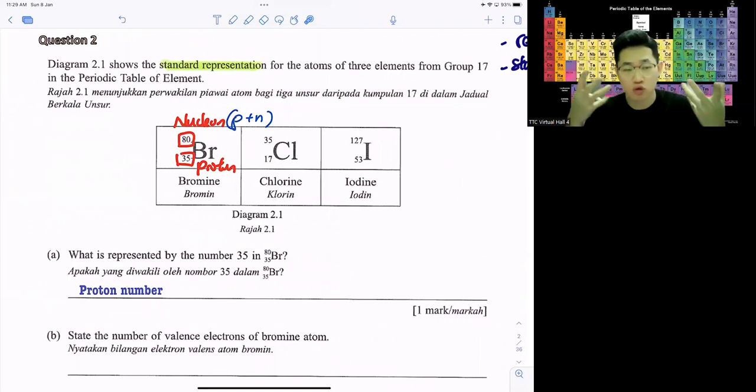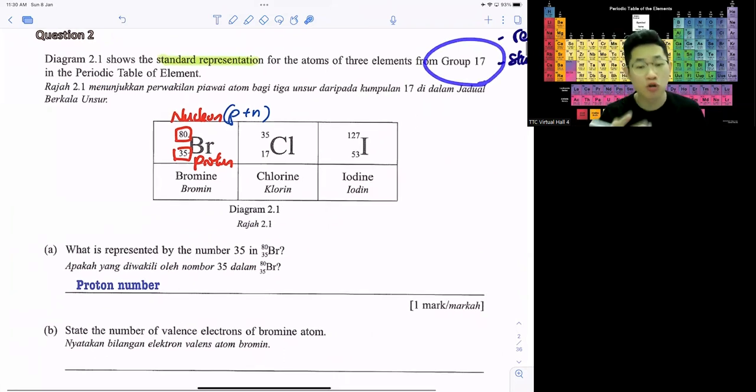maximum is only up to 20. So whenever it's more than 20, the electron arrangement will be slightly different. They can use up to like 18 or 32 electrons in the shell. So, how do I know how many valence electrons there will be in the bromine atom? So they told you that it is in group 17.